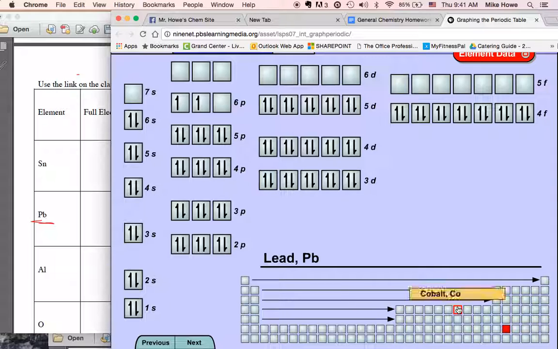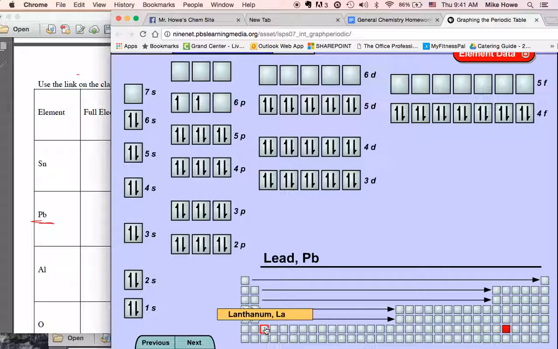So 3d. Then you go on through 4p, also noted right here on your table. So 4p. Then you come to 5s. We're still not to lead, are we? So it'll be 5s2. Then 4d10. Then 5p6. Then 6s. Now on your table, this is a little different right here, because after 6s there's a little cross thing that says to go down to the bottom for the 4f.